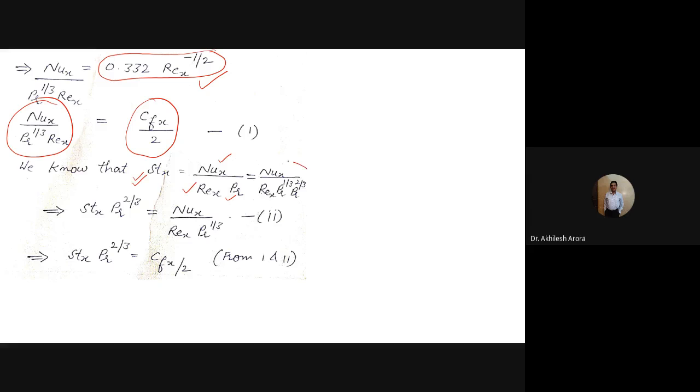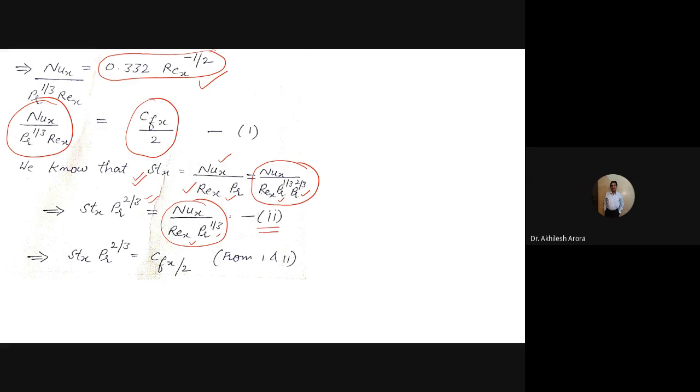So I have divided the Prandtl number in two parts: Prandtl number raised to power 1 by 3 and Prandtl number raised to power 2 by 3. So the Stanton number, if I multiply both sides by Prandtl number raised to power 2 by 3, I get Nusselt number divided by the Reynolds number into Prandtl number raised to power 1 by 3.